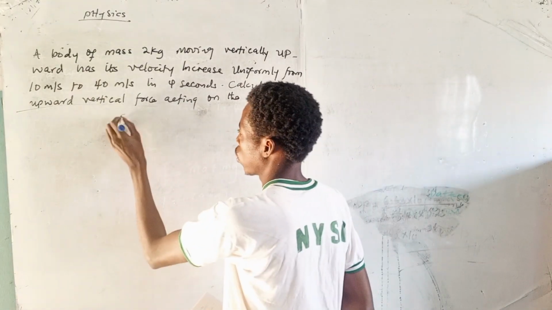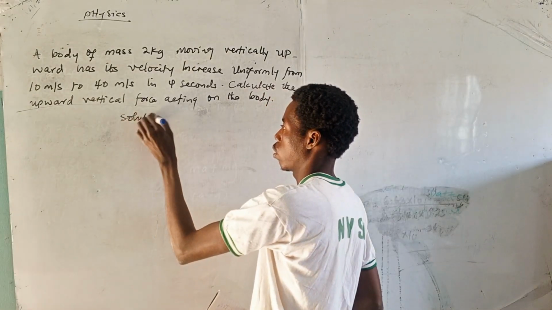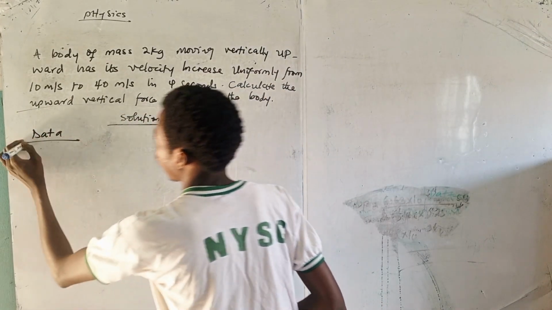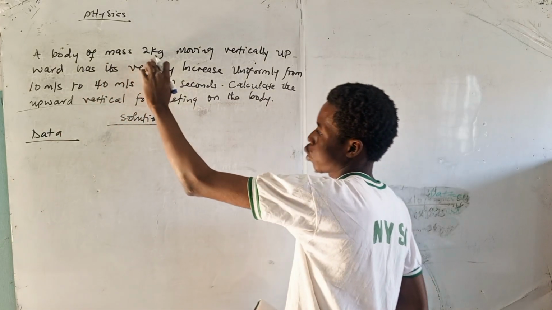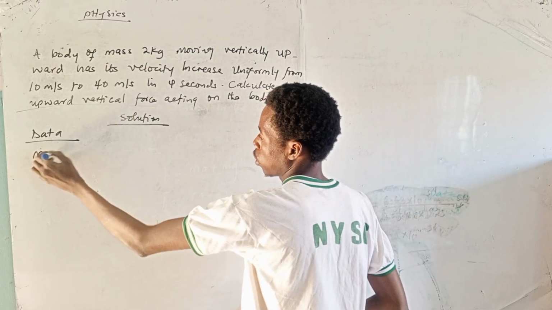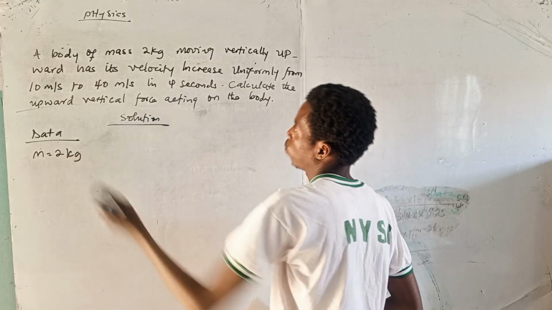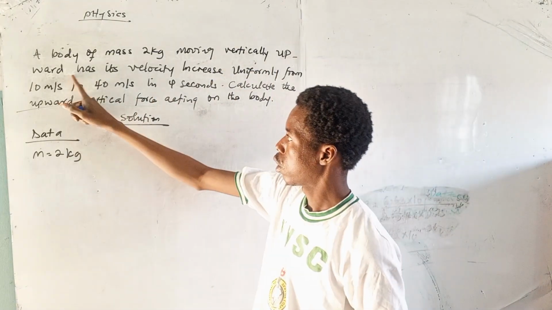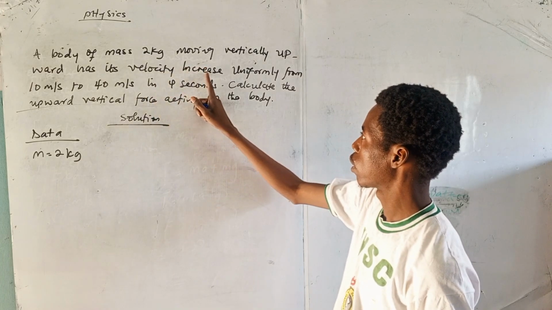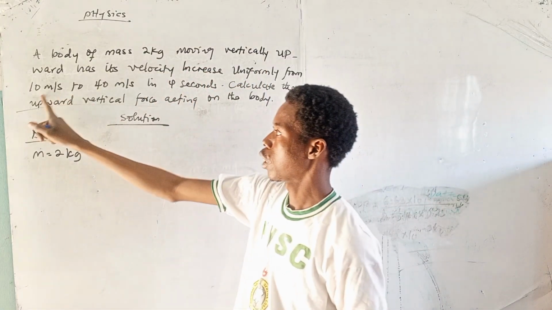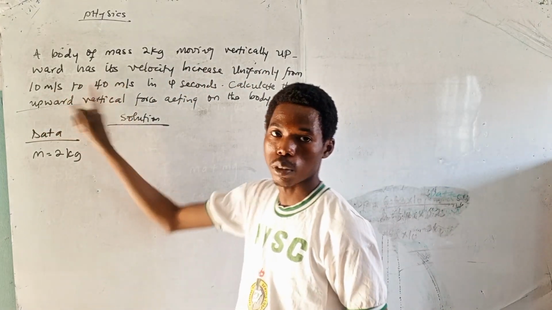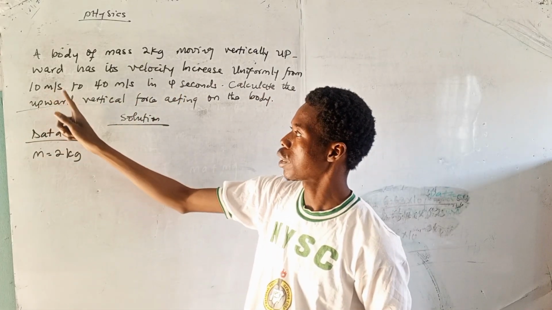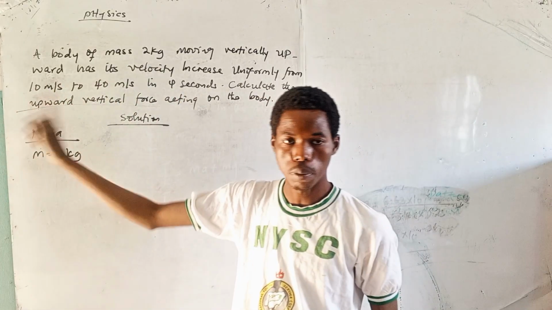So, solution. A body of mass 2 kg. So the mass of the body is 2 kg, moving vertically upward, has its velocity increased uniformly from 10 meter per second to 40 meter per second.